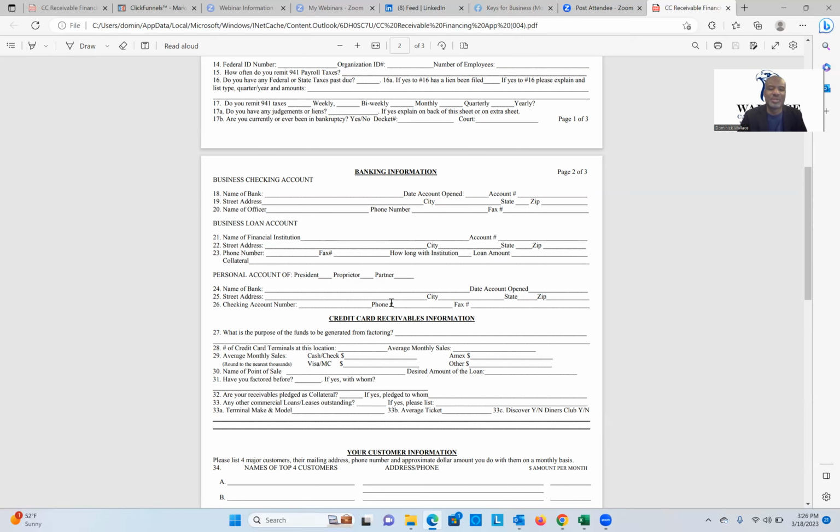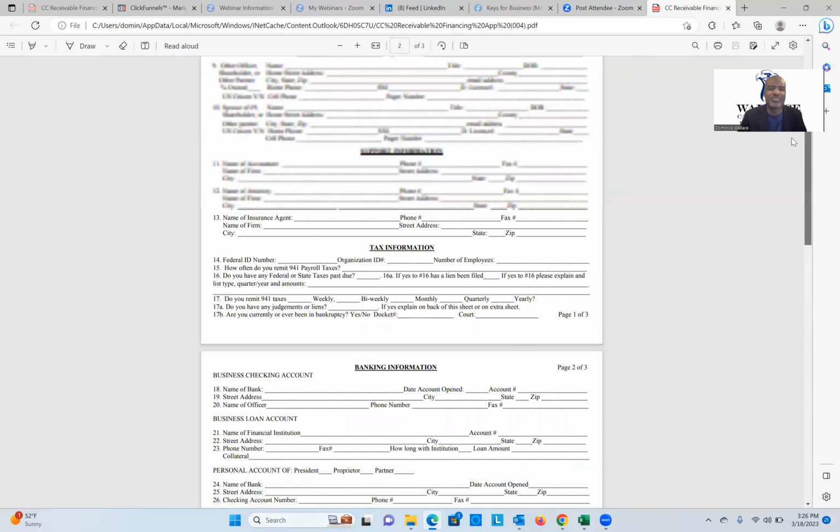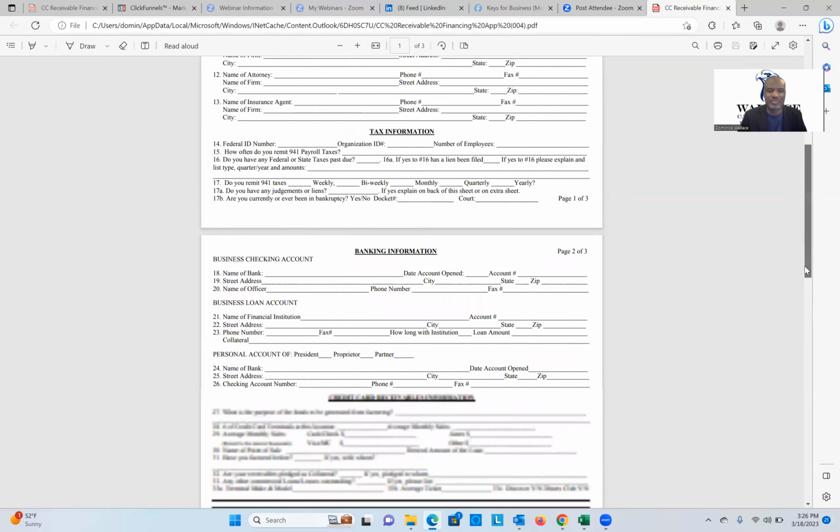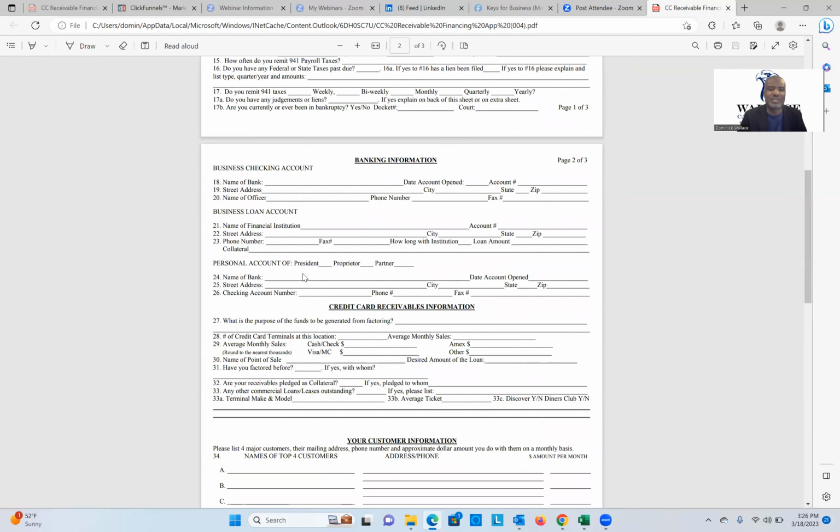What is it? Your personal account. So for the primary person above here, the personal account name, street address, and so on, the same information as for the business account, but just for the personal account, right? All right. What's the purpose the funds are going to be used for?